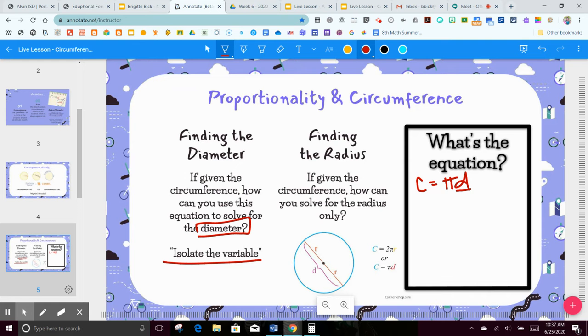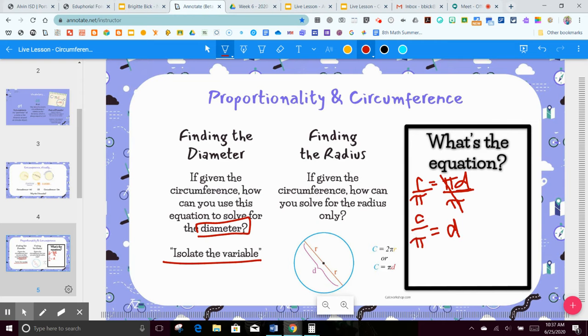So if pi is being multiplied times diameter, what is the inverse operation? Division. So we're going to divide by pi, and what you do to one side, you must do to the other. So then these are going to be 1. Pi over pi equals 1. So diameter is going to be equal to the circumference divided by pi.